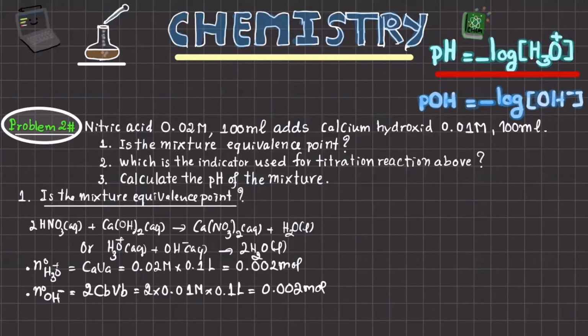So you can say that the moles of strong acid and strong base are equal: moles of hydronium ion equal moles of hydroxide ion, equal 0.002 mole.